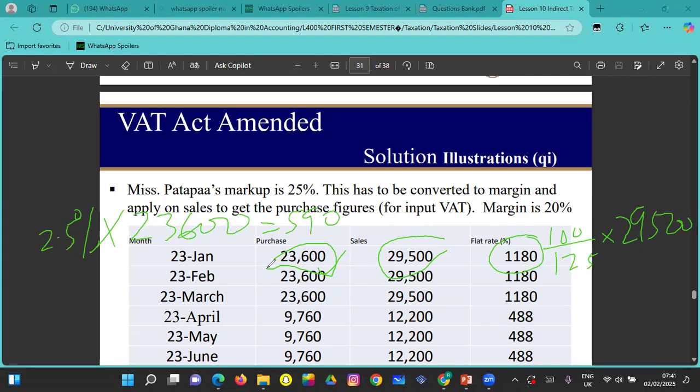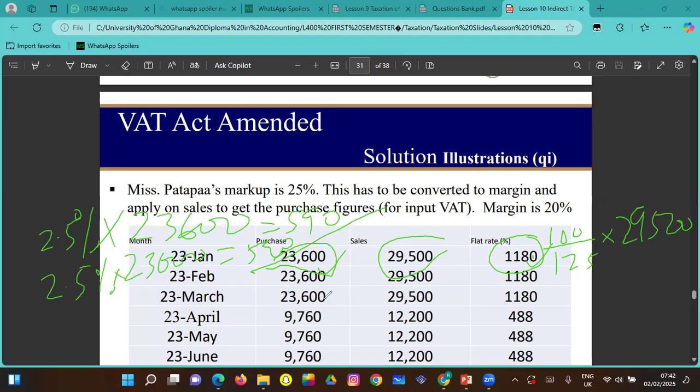And then 2.5% for the NHIL times 23,600, which is also equal to 590. So we add them, 590 plus 590, and we get the flat rate of 1,180. You get it? Okay. So that is it for this side.